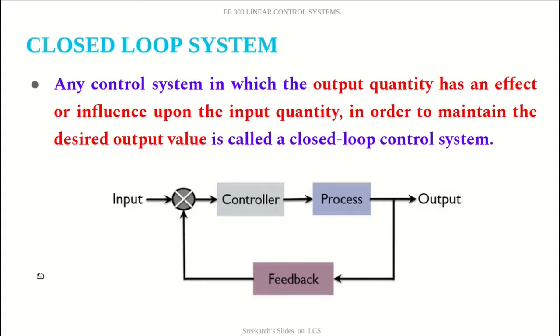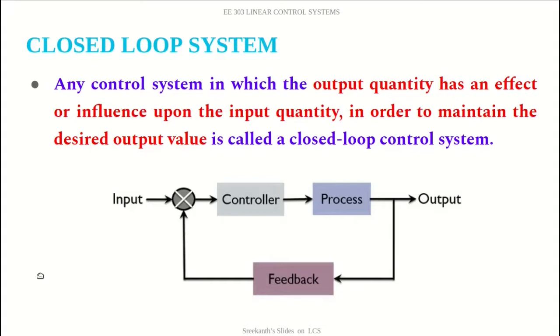If there is a washing machine which stops once the desired cleanliness has been achieved, or which runs as long as the dress is unclean, then that is a closed loop system, because the desired output is a particular cleanliness of the dress.